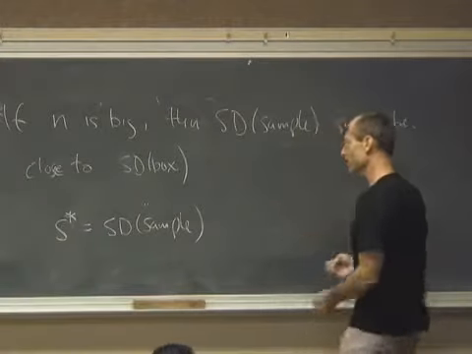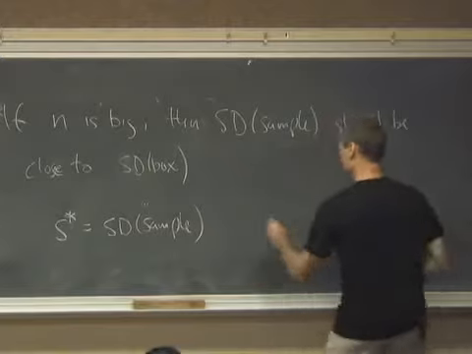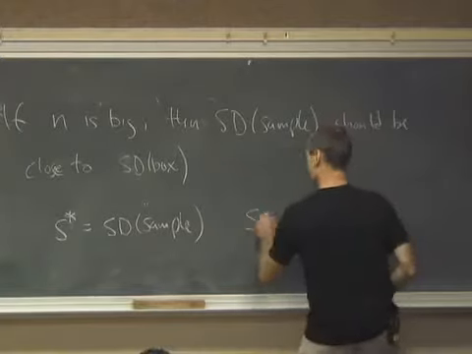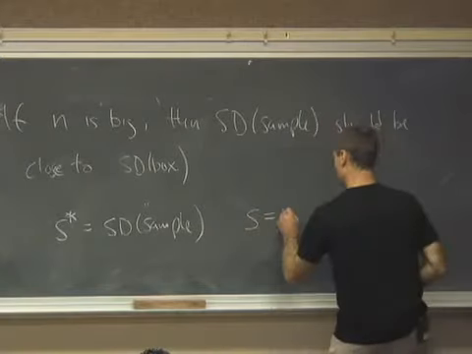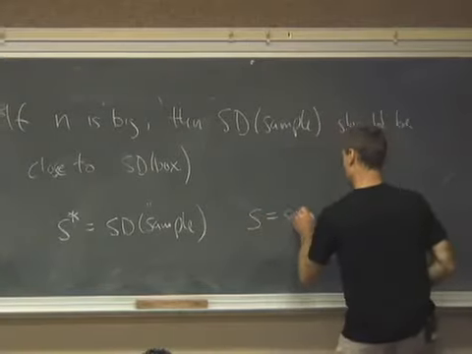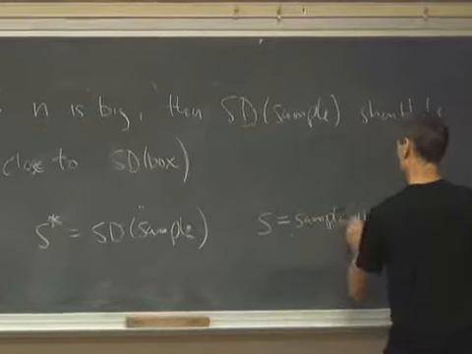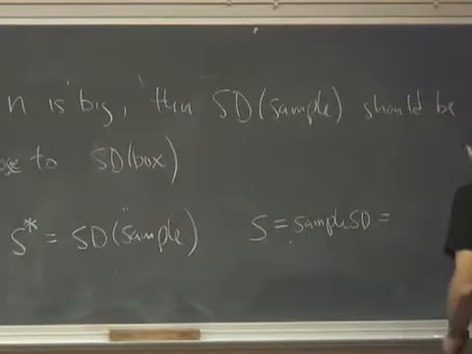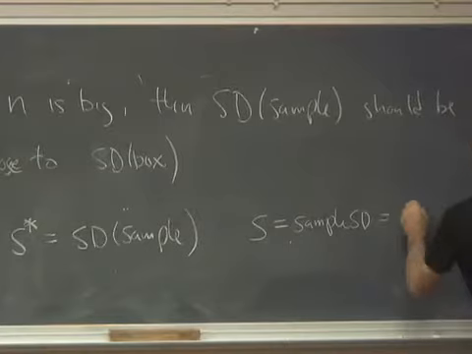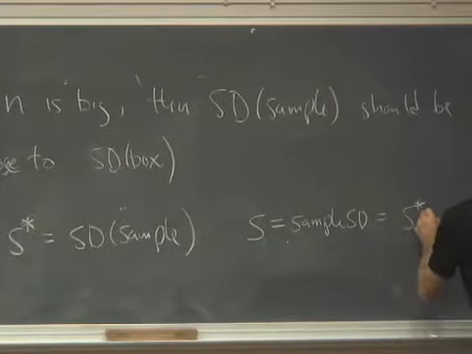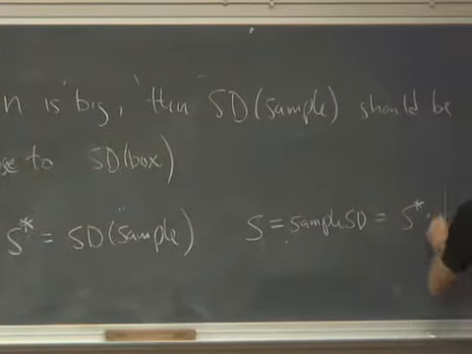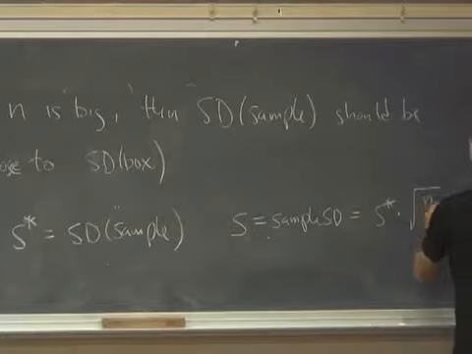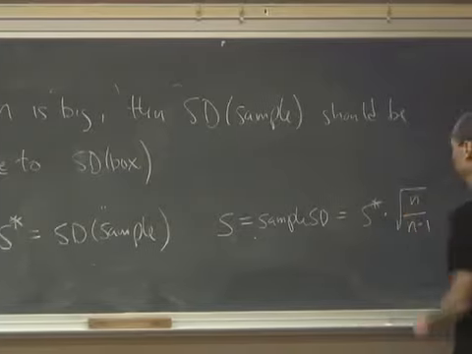Instead, what's used is called S, the sample SD, which is basically S star times root n over n minus 1.